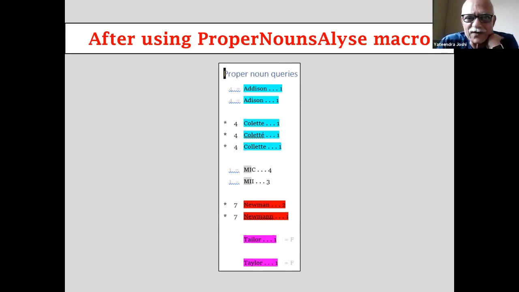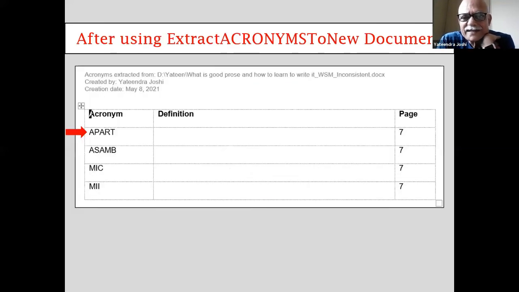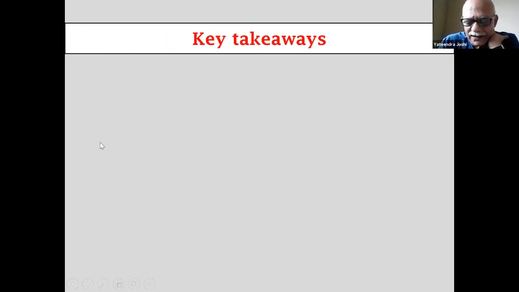I don't know how many of you spotted that. Likewise, when you need a list of acronyms, this is the result of using Paul Beverly's macro, extract acronyms to new document. What is interesting here is the acronym APART, A-P-A-R-T.